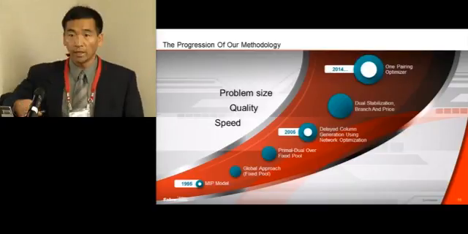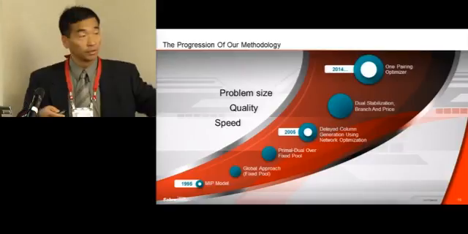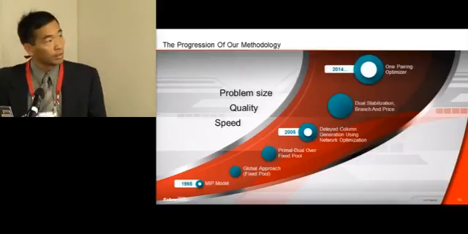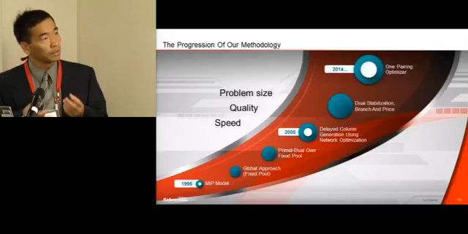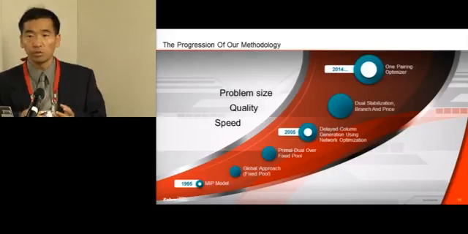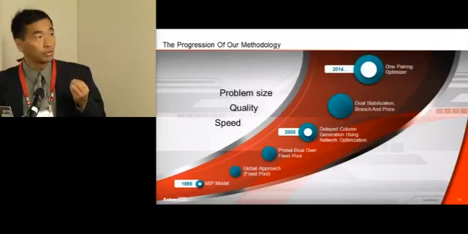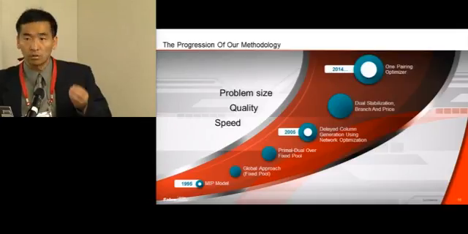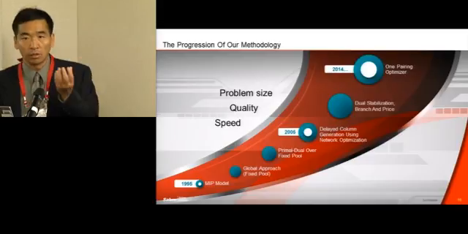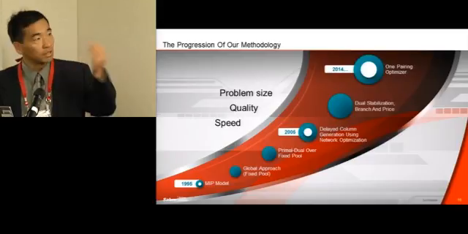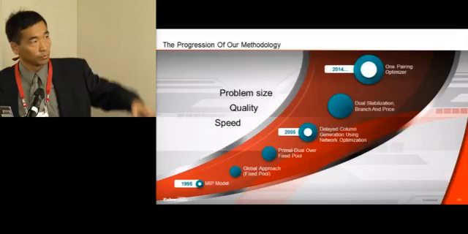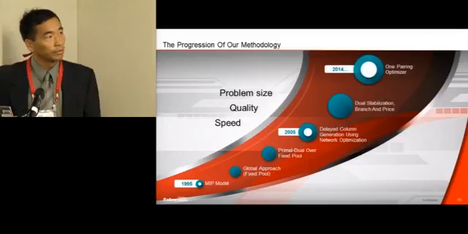We have much more work than this. So by 2005, we go into a full-blown delayed column generation approach where we don't generate all the pairings up front. We generate them only as needed by using a network optimization technique to solve the pricing problem, which determines the next set of columns to go into the master problem. After that, we've added the dual stabilization technique.